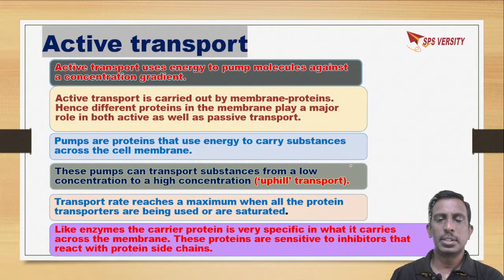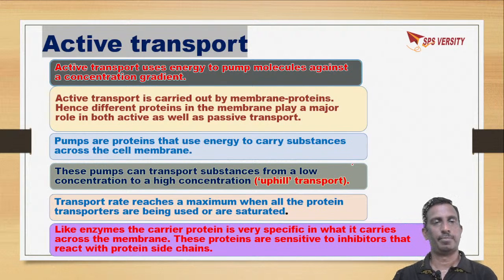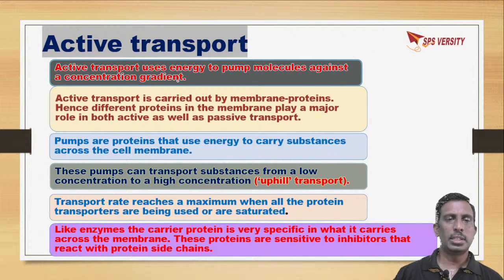So till now we have discussed diffusion and facilitated diffusion. Now we will come to active transport. Active means, as the name itself says, it uses energy. Okay. So for active transport also the membrane proteins are required, which play a major role in facilitated as well as active transport.